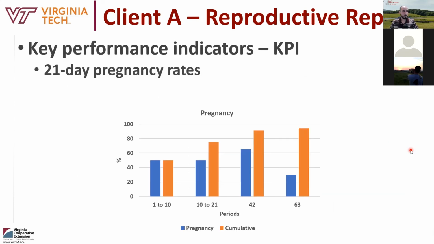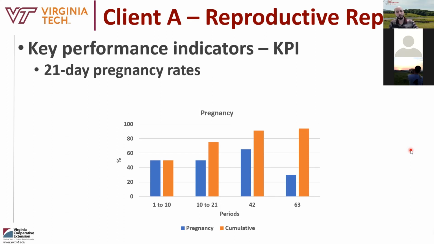Another really important thing that we do, and we like to show clients, is not only pregnancy rate by category and other things, but when those cows are getting pregnant, right? To do this with accuracy, you need to make sure that when preg checking, you're able to fetal age those pregnancies, so that we can be a little bit more accurate. We like to break down when those cows become pregnant in the breeding season, right?